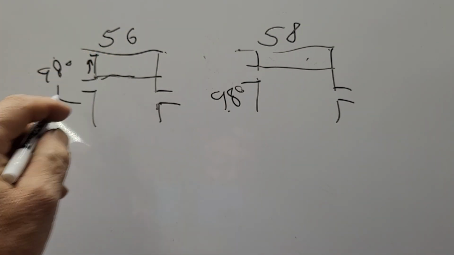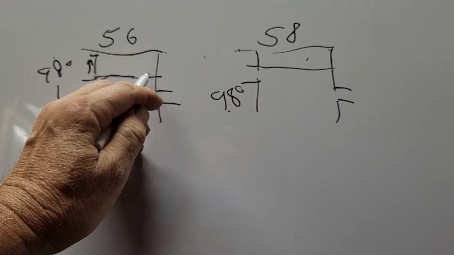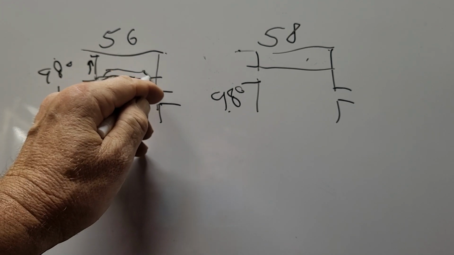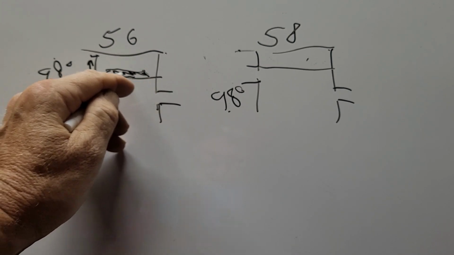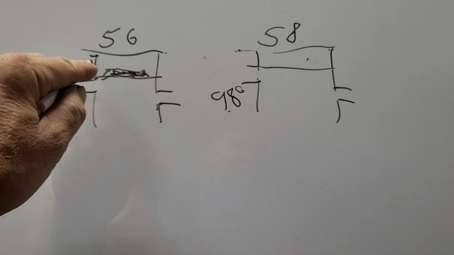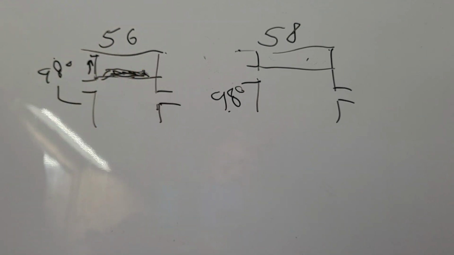Now let's add 2 millimeter dome to it. What we've done, because we have a lack of volume, we have 56 millimeter, this is big, by adding a dome. I don't want to call it 2 millimeter, let's just call it whatever you want.